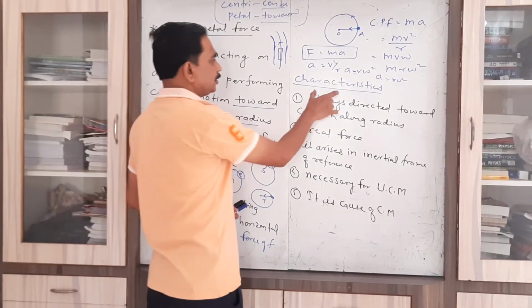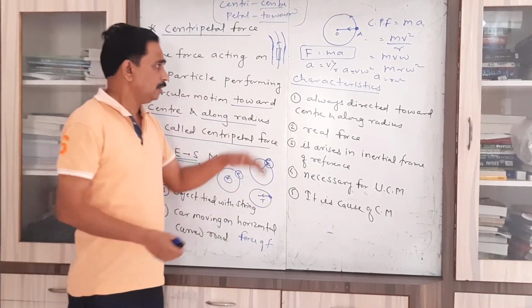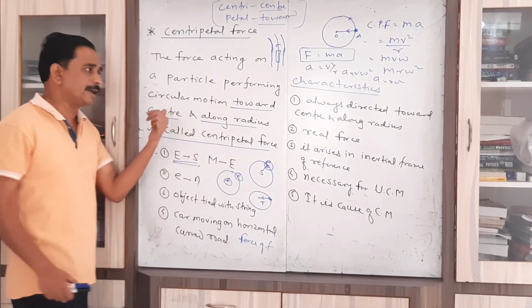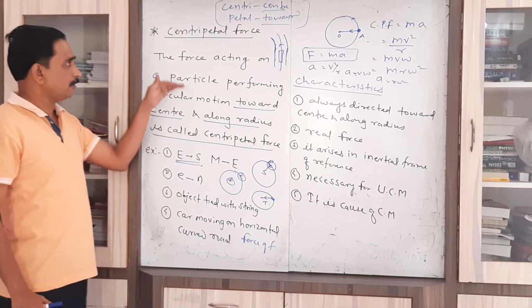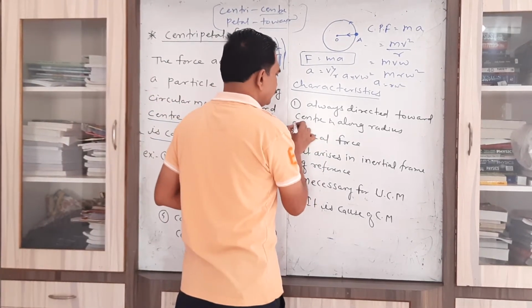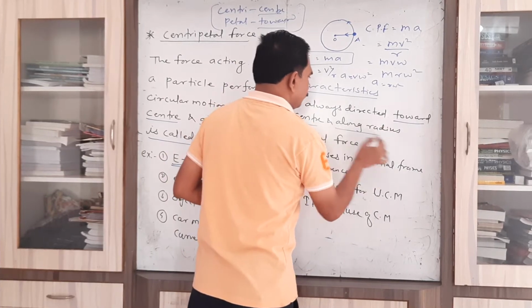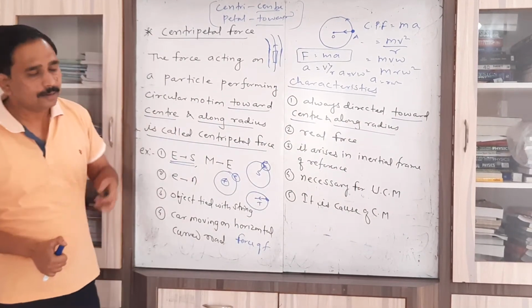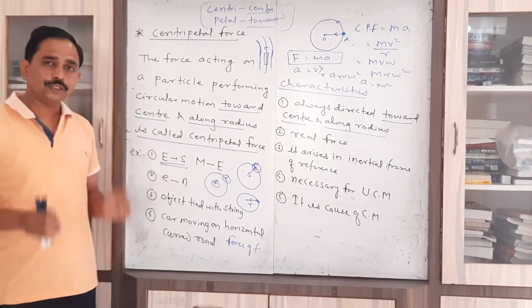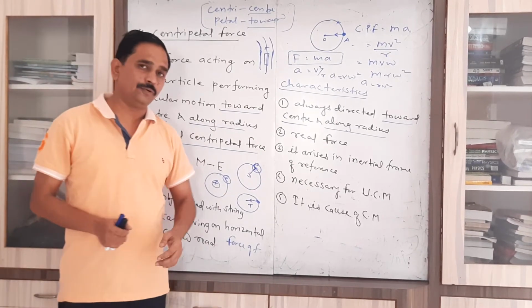Now we can consider the characteristics of the centripetal force. The first characteristic we can write from the definition is that this is the force which always acts toward the center and along the radius. The second characteristic is that this force is a real force.